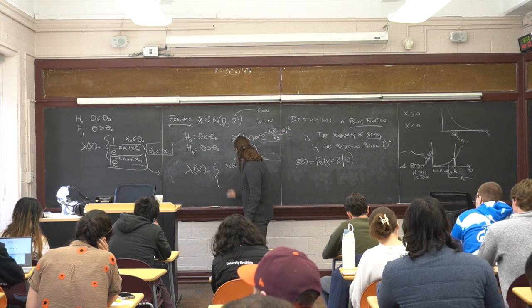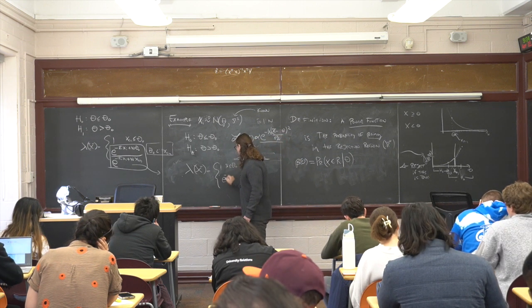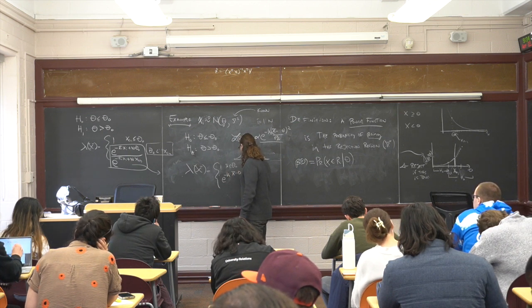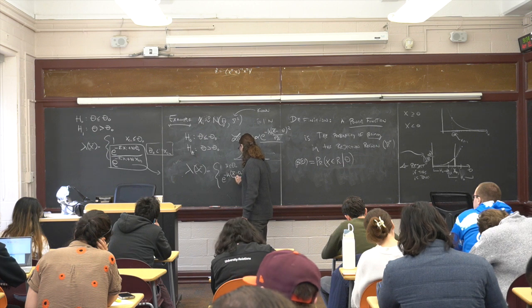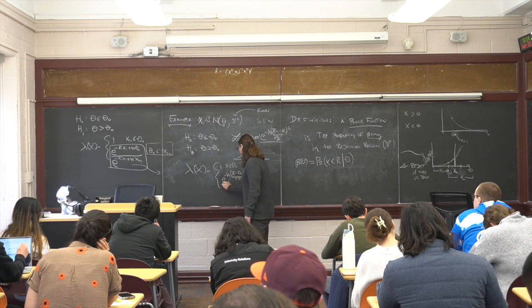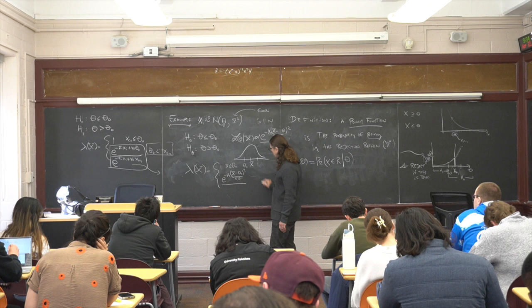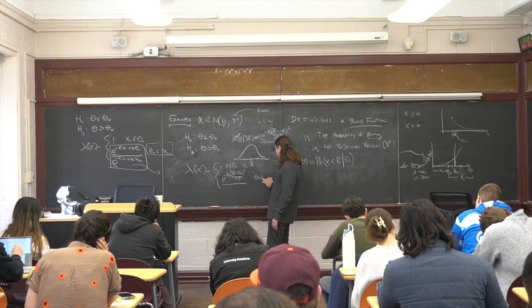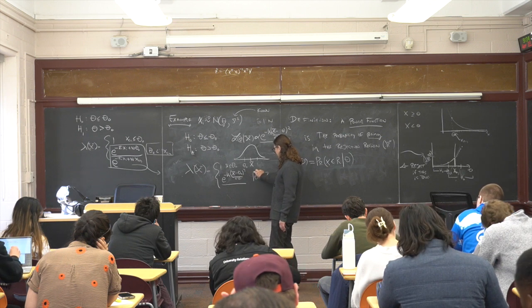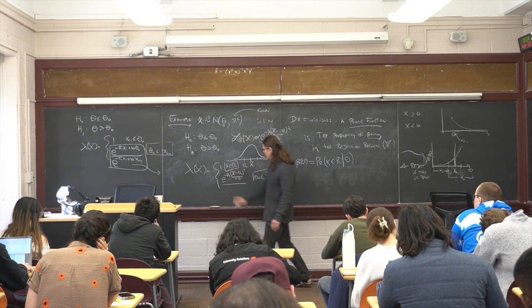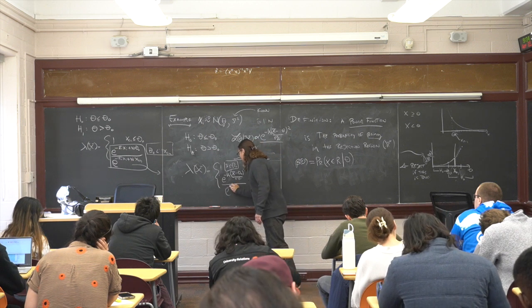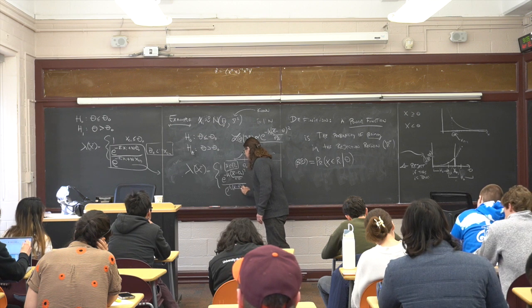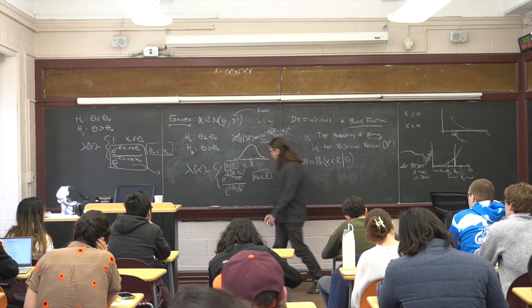Otherwise, it is e to the minus 1/2 (x bar minus theta naught) squared over sigma squared over n, divided by, again, this is when theta naught is less than x bar, the condition here, e to the minus 1/2 (x bar minus x bar) squared over sigma squared over n.